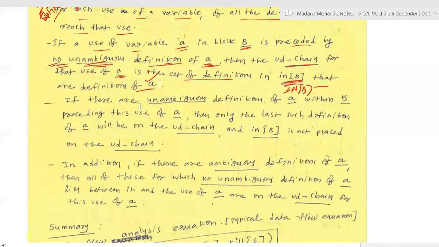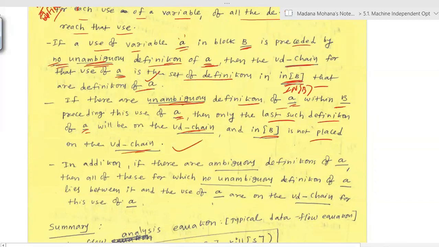Second case: if there are unambiguous definitions of A within block B preceding this use of A, then only the last such definition of A will be on the UD chain, and in of B is not placed on the UD chain.